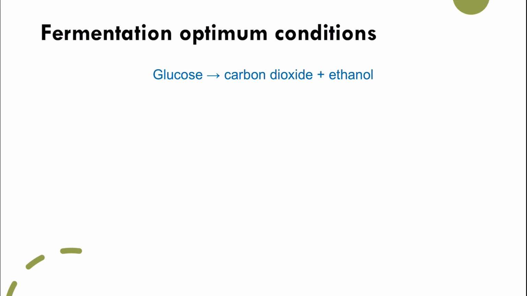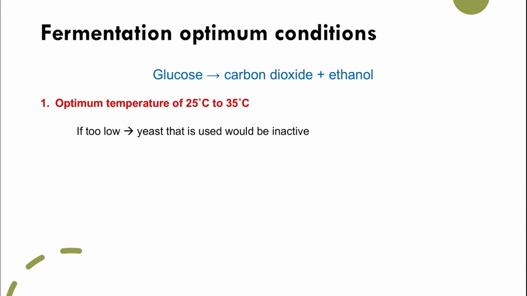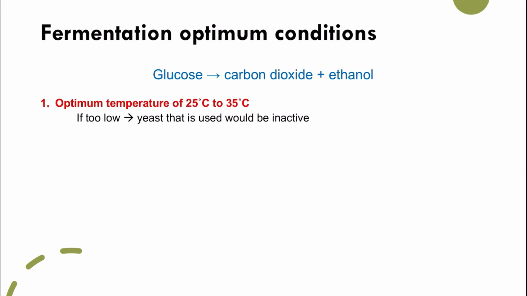So what are the optimum conditions for the fermentation? First, the temperature must be between 25 to 35 degrees. If the temperature is low, then the enzyme will not function and will be inactive.